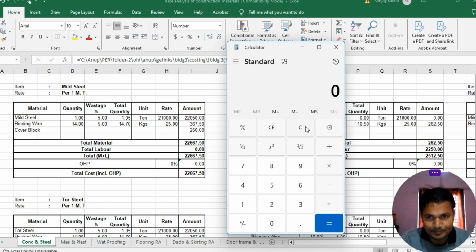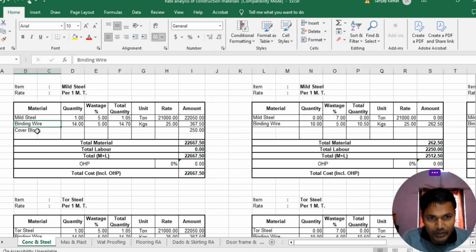Let's check this value. 1.05, and we have here the buyer and how much quantity is wasted.